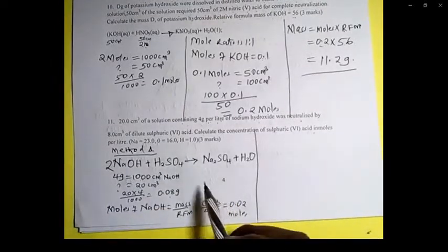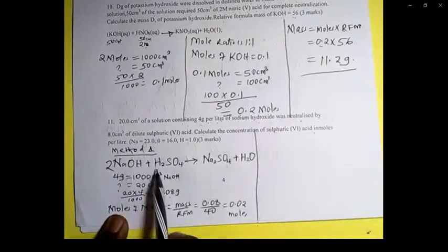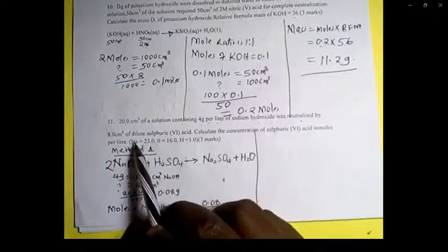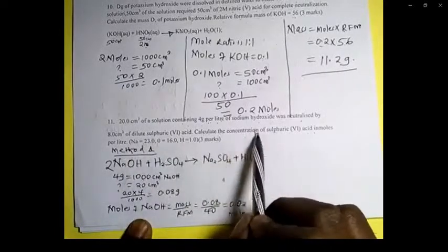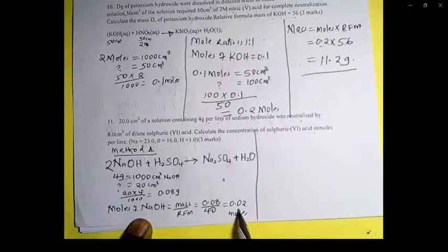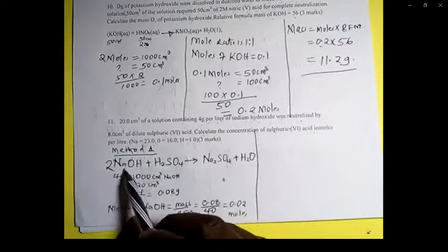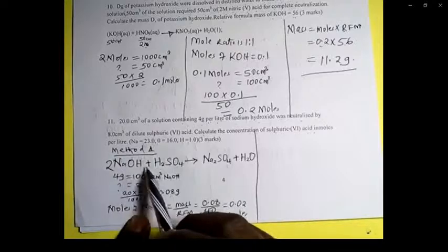Right? Now the ratio for sodium hydroxide and sulfuric acid, because remember the question is asking us to calculate the concentration of sulfuric acid. Now we have the number of moles of sodium hydroxide that reacted with sulfuric acid. Since the ratio is 2:1, now we can get the number of moles of sulfuric acid.